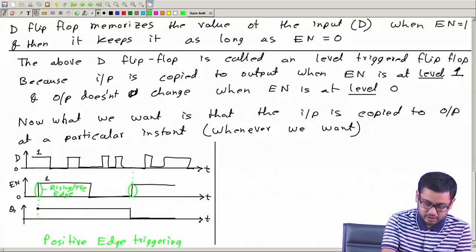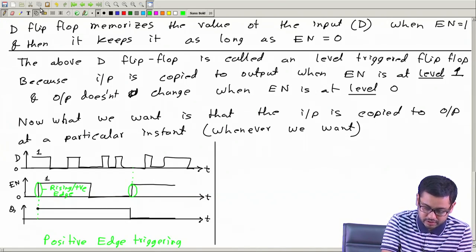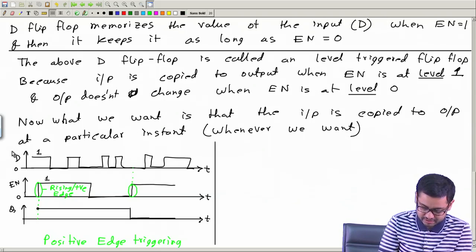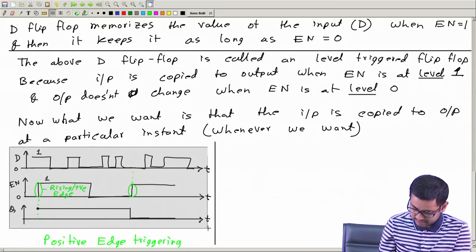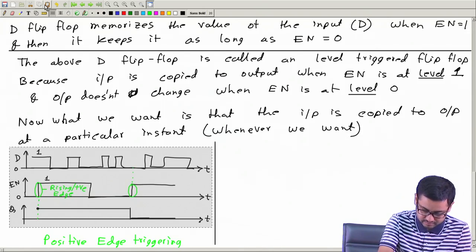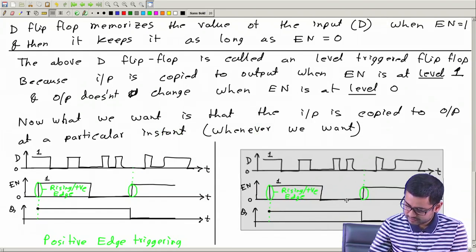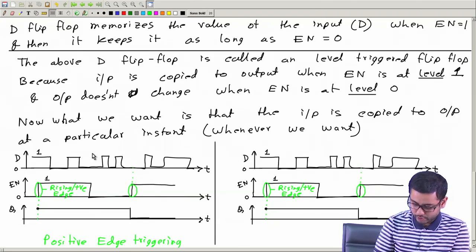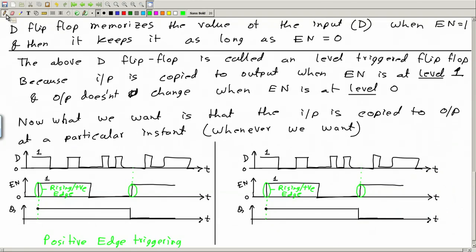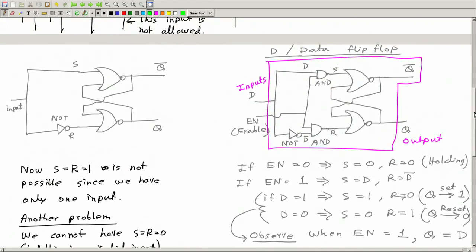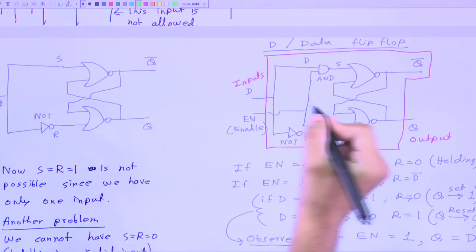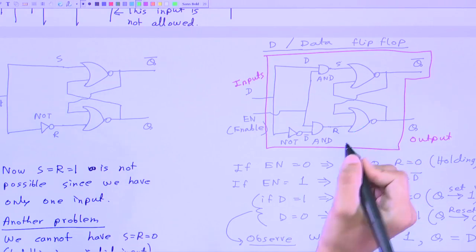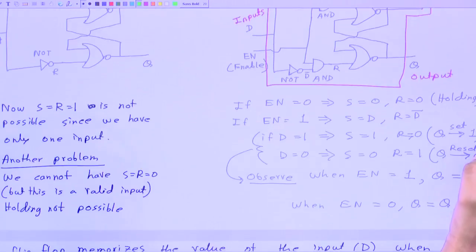Okay. Now, in comparison to the previous situation, let me copy it. So, this is what we want now. And now, let us see what we had before. This is what we had before in this circuit, and this is a level triggered D flip flop. What happens in this circuit?